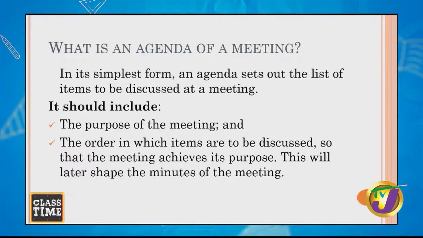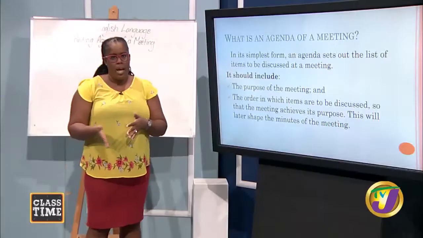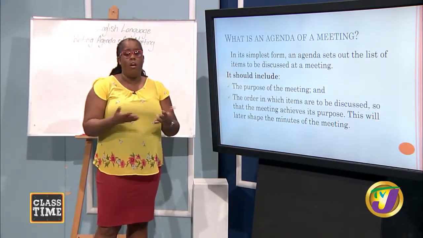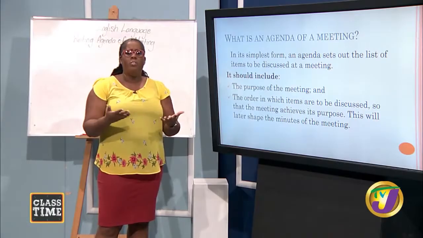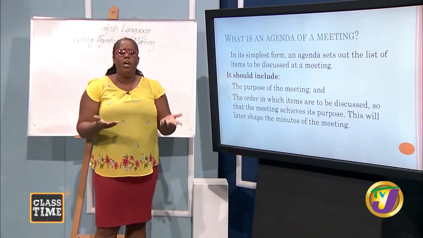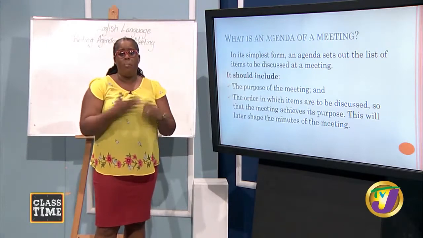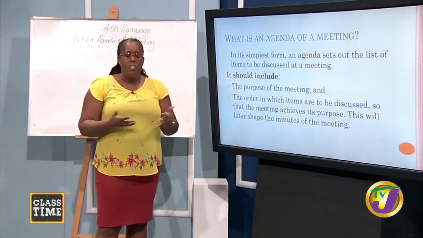So an agenda is basically a plan, right? An outline of what is going to happen throughout the meeting. And that is why it is good for us to learn how to write an agenda of a meeting, right? Because we don't want to be in a situation where we are called to a meeting and the host or the presenter is all over the place.